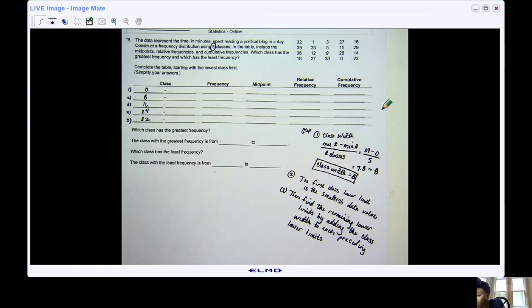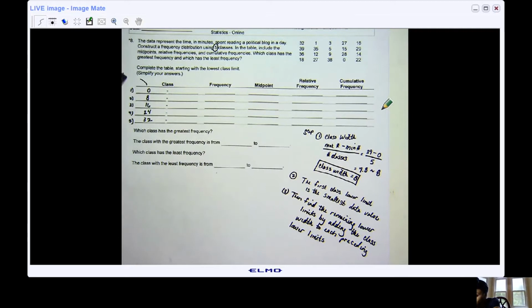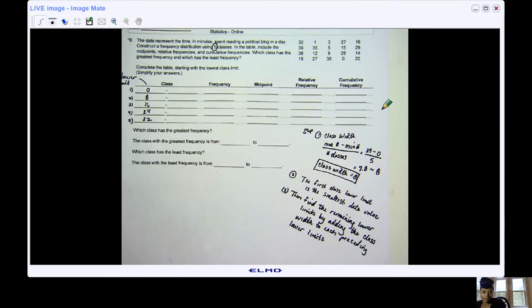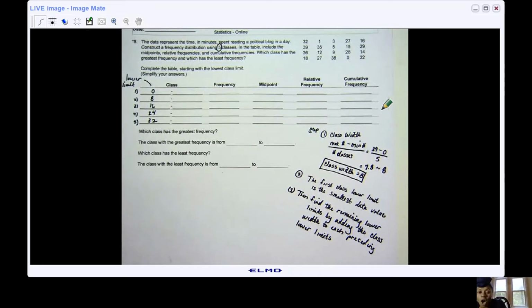And now we have all of the lower limits. So you find all of them first. That's why it's important that you jot it down on paper, because you need to find all of the lower limits first and then find all of the upper limits.